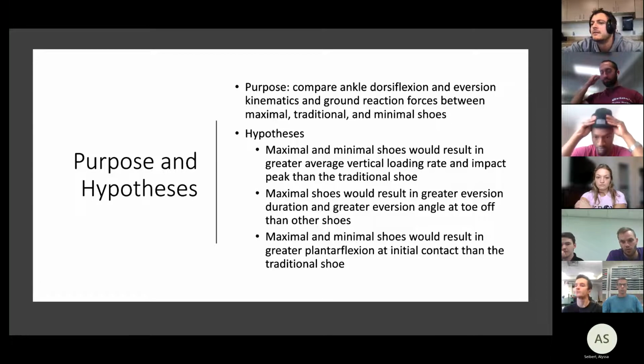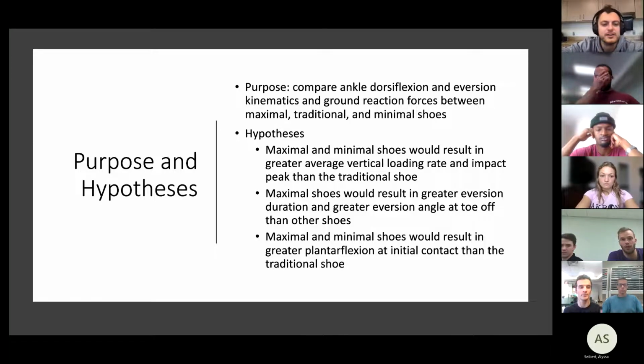These maximal shoes would also result in greater eversion duration and eversion angle at toe off than the minimal and traditional shoes. And then the maximal and minimal shoes would both result in greater plantar flexion at initial contact than the traditional shoe.